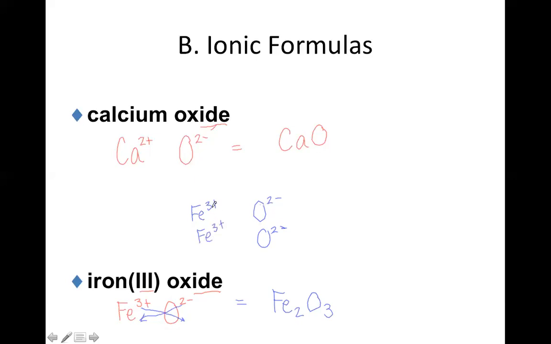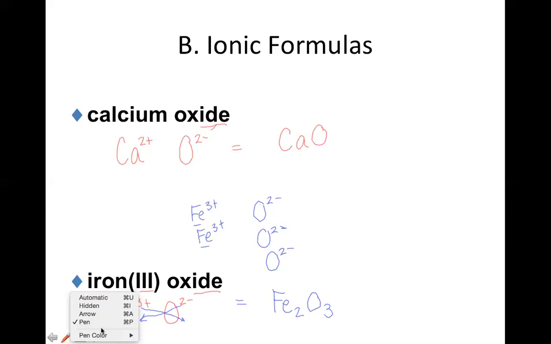Now we have 6+ and 4-. That still doesn't cancel. So if we added in another O2-, we have 2, 4, 6- and 6+. Now those charges are canceling. And in order for these charges to cancel, we have 2 irons and 3 oxygens. So that's really the purpose of crisscrossing those charges there.